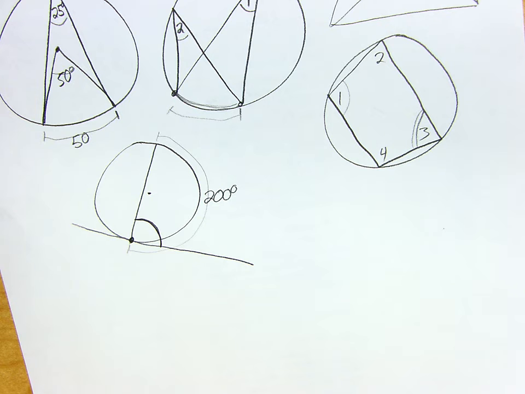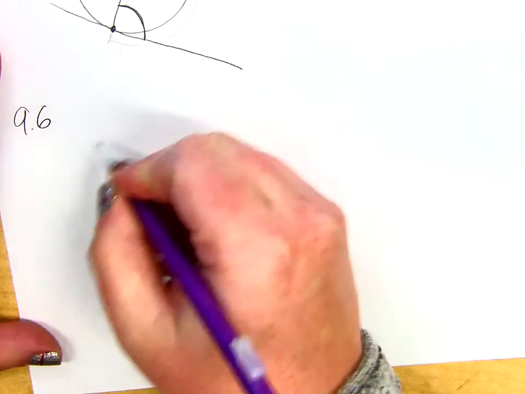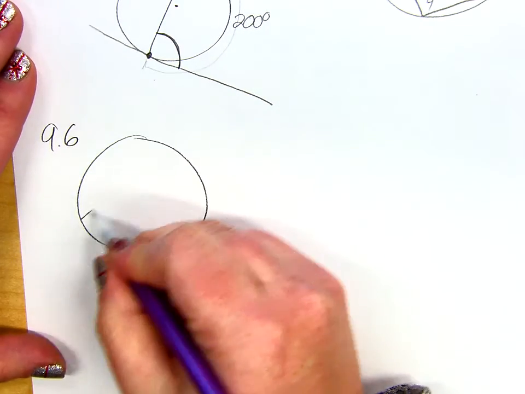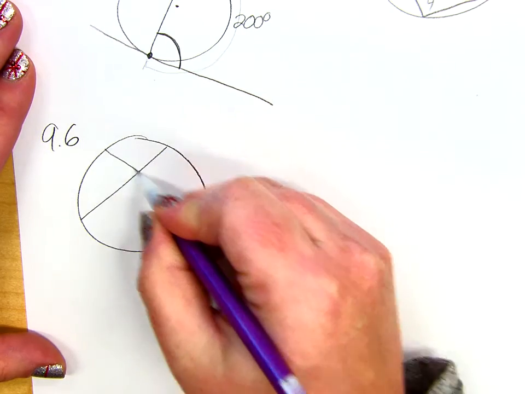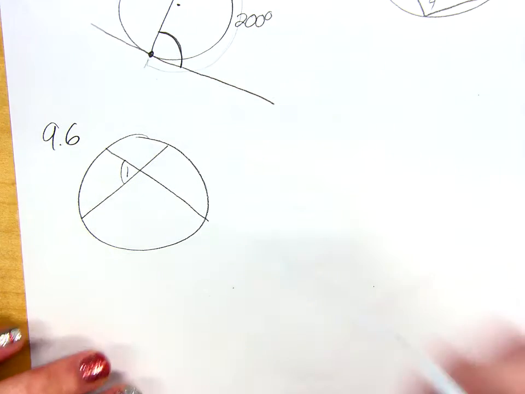Okay, 9.6. Okay, so those are the cool angles on the inside. So in 9.6, we start talking about other angles in circles. So what happens when I have these two? Angle 1, for example.